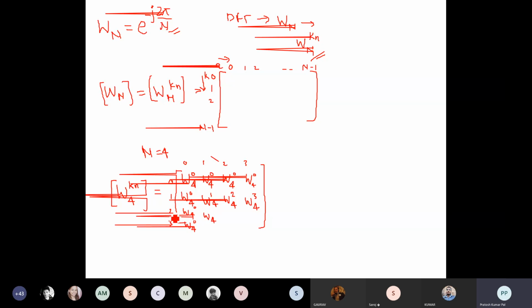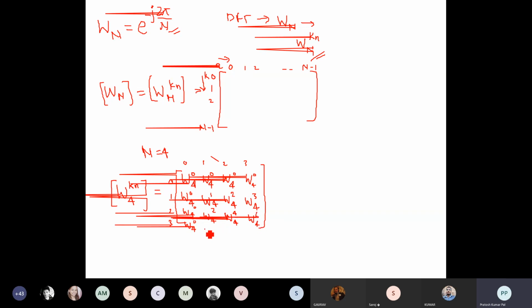Okay, this k is 2 and n is 1, so 2 into 1 will be 2. This is W4. Sorry for the unwanted signals. This is 2 multiplied by 2, that will be W4 to the power 4. This is W4 to the power 2 into 3, that is 6.